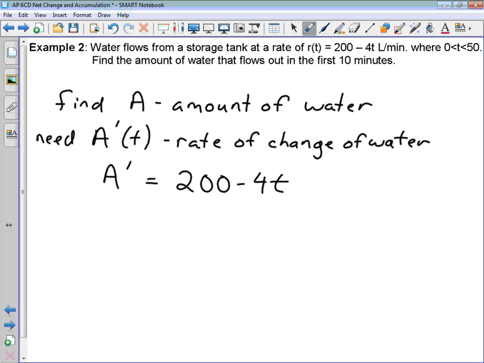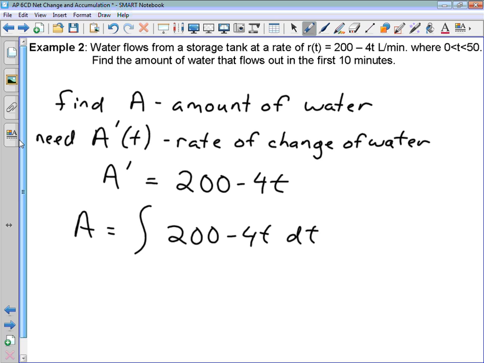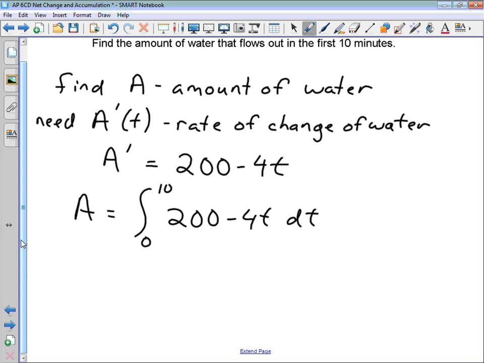So if we want the total amount that has flowed out, they give us the rate that it's flowing out. What do we have to do? Well, we want to integrate this rate function, A primed at t, over dt, and what are the limits of our integration going to be? Oh, yeah, 0 to 10, because we want it in the first 10 minutes. So we're just taking our integral here.